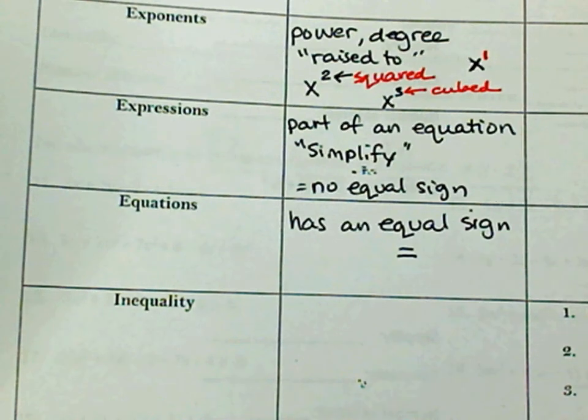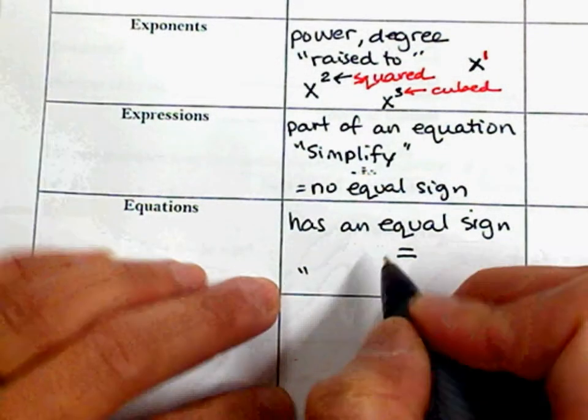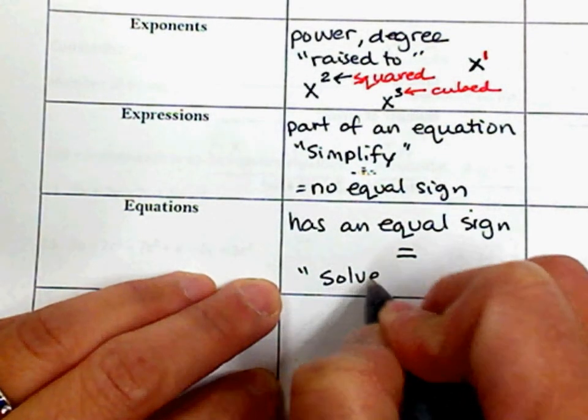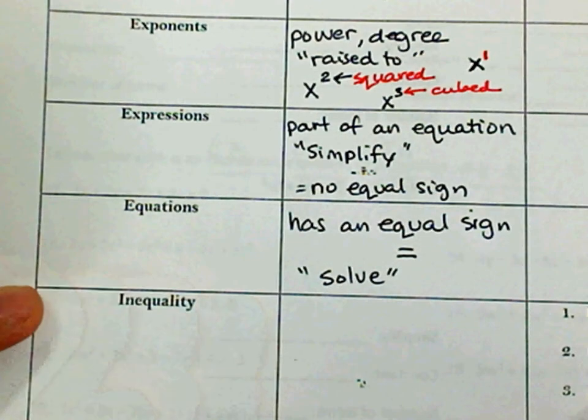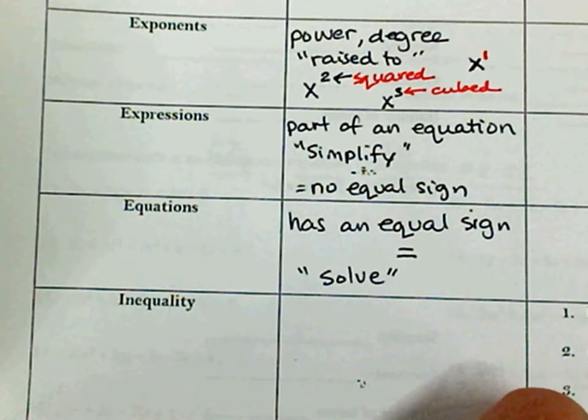So, an equation has an equal sign. And if you have an equal sign, you don't simplify, you normally will solve. You solve for something. Expression, you simplify. In equation, you solve. So those are the two words that you hear a lot of.